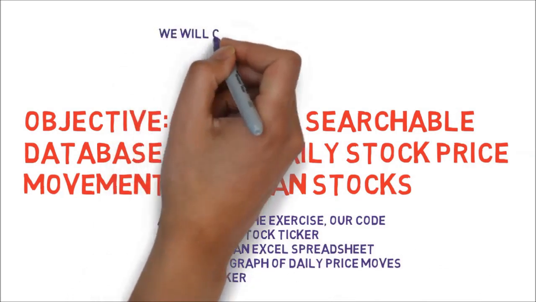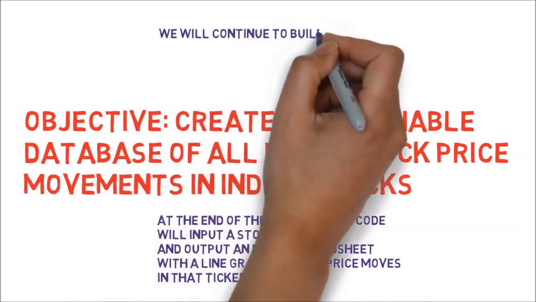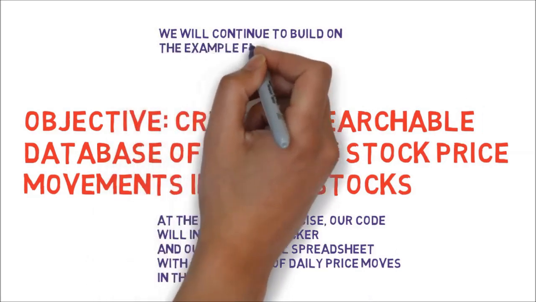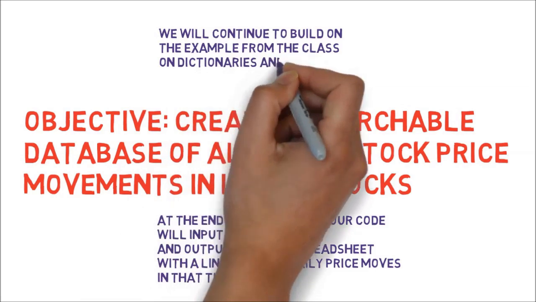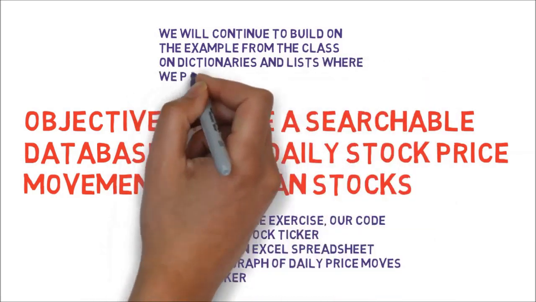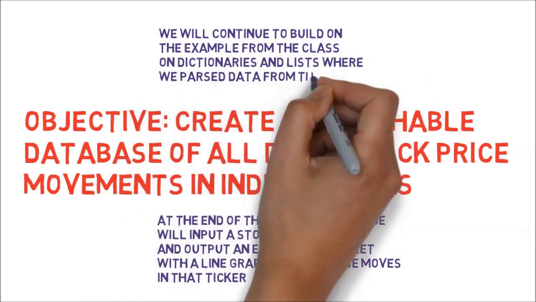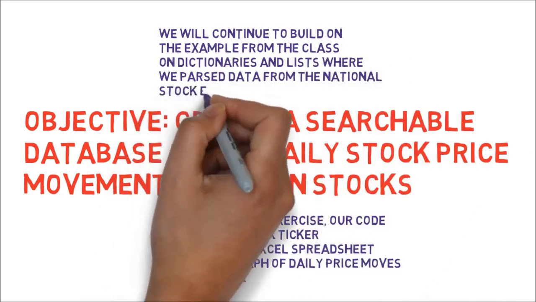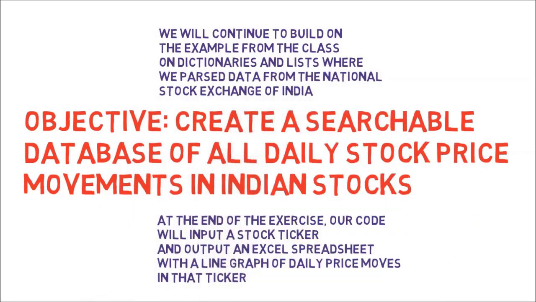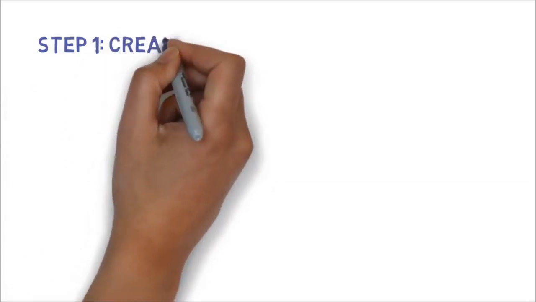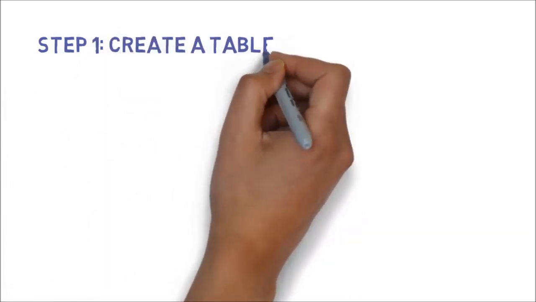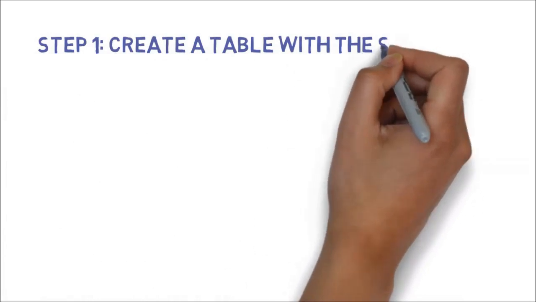We'll continue to build on the example that we used for our file manipulation, where we downloaded and parsed a zip file of stock movements in one day from the National Stock Exchange. Step 1 is to create a table with the columns and the schema that we care about.